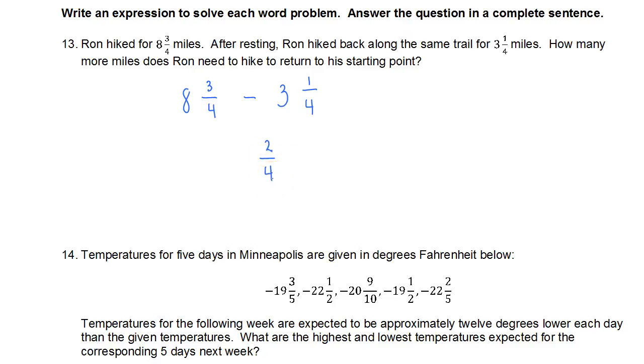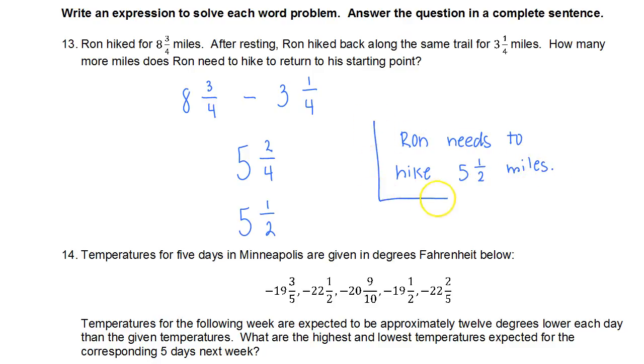And now for the whole numbers, 8 minus 3 will give me 5. So 5 2/4, of course, can simplify to 5 1/2. And so in a complete sentence, we can say that Ron needs to hike 5 1/2 miles to get back to his starting point.